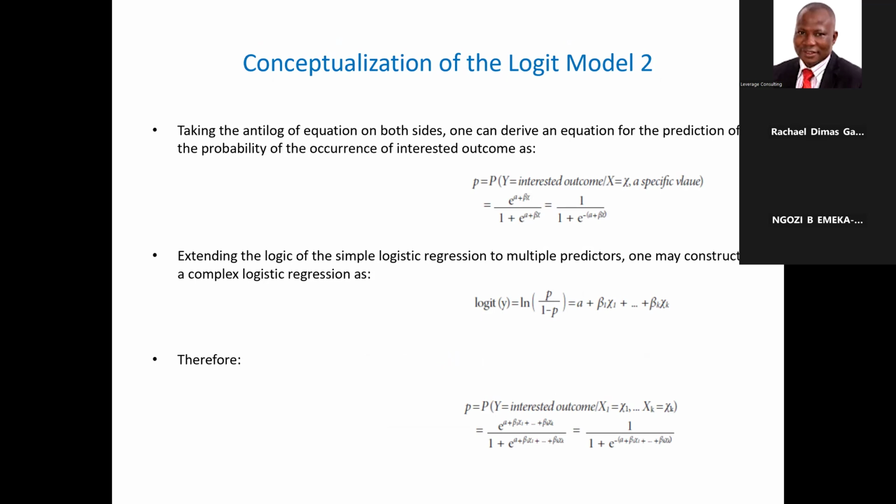Eventually, you just extend the logic of simple logistic regression to multiple logistic regression. What I demonstrate is just for simple, that is one exposure variable. When we have more, two, three, four, it is not like what we did for linear regression yesterday. As you practice, you get to conceptualize better.